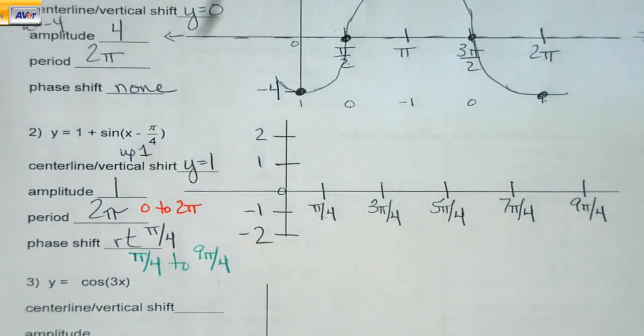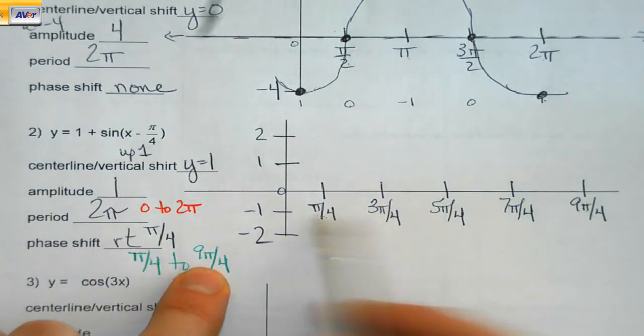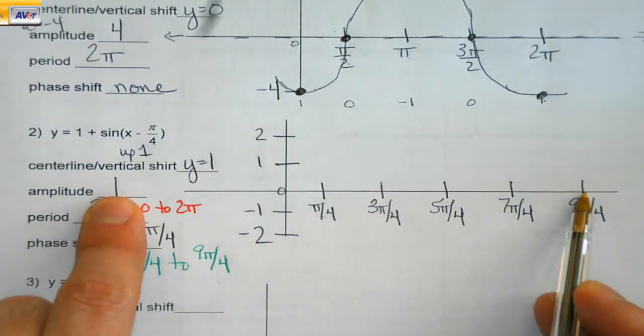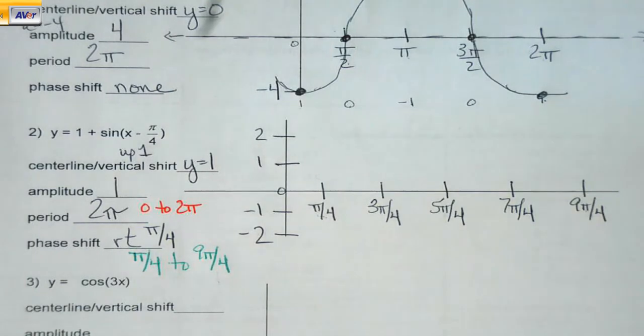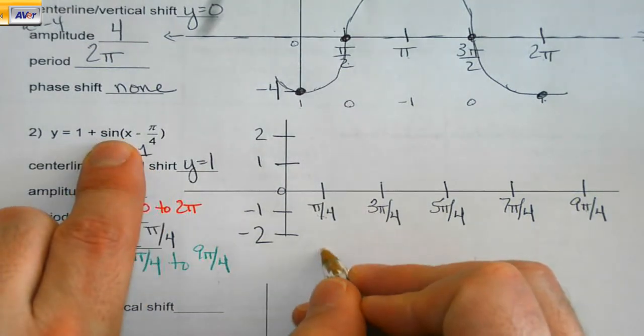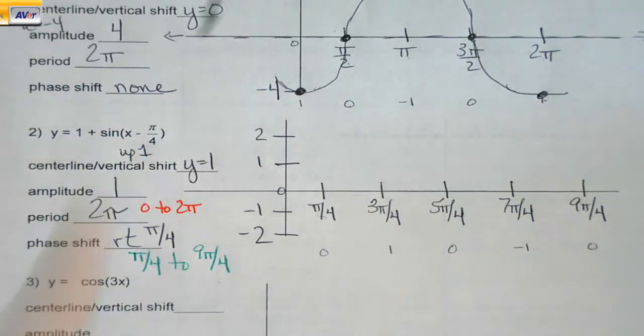So once I have those, okay, phase shift taken care of. It also takes care of my period because I know where I'm going to start and stop. My amplitude is 1, so that makes me breathe easy. Okay, so the only thing I've got left is this up 1. So I'm like, okay, sine. Sine normally is 0, 1, 0, negative 1, 0.